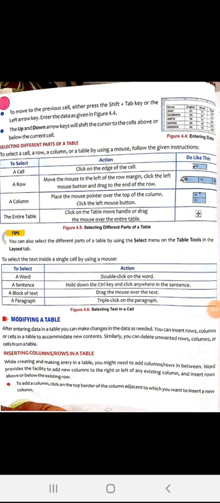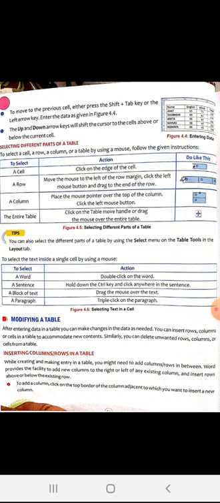The up and down arrow keys will be shifting the cursor to the cells above or below. Dear students, if you want to go left and right, you can use tab and shift tab. But the up and down arrow keys allow the cursor to move to the cells above or below.